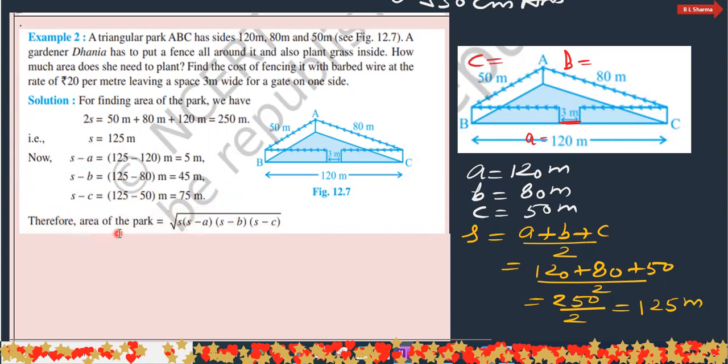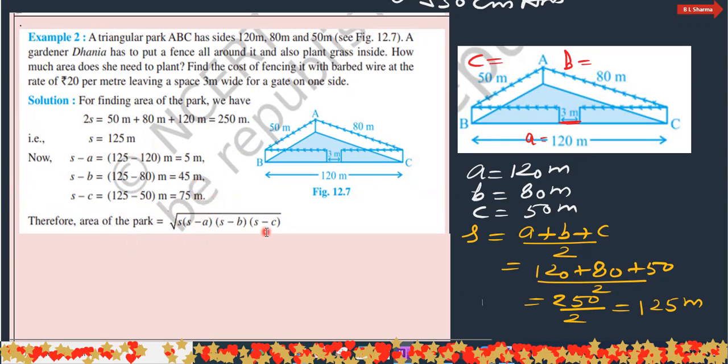Now we put in Heron's formula. The area of the park is the square root of s into s minus a into s minus b into s minus c. In place of s, we can put 125. In place of s minus a, we can put 5. In place of s minus b, we can put 45.